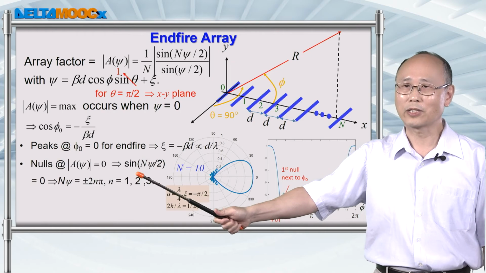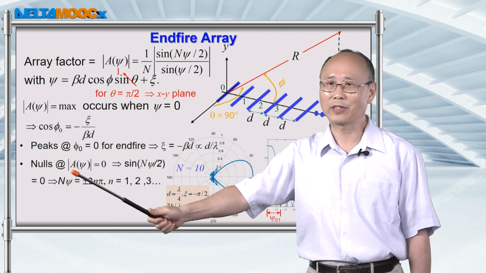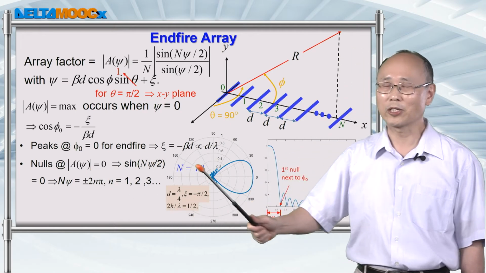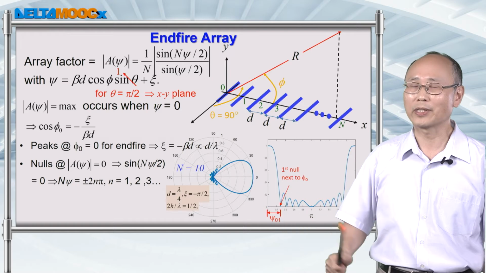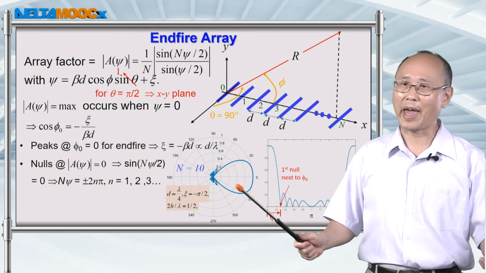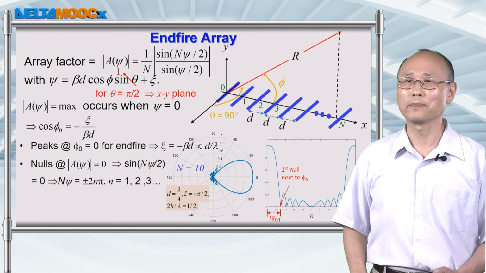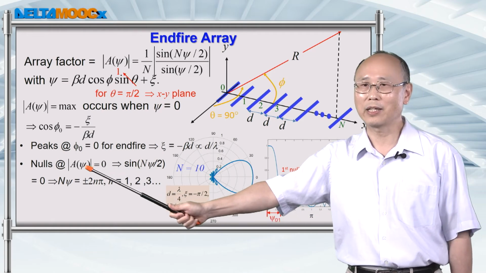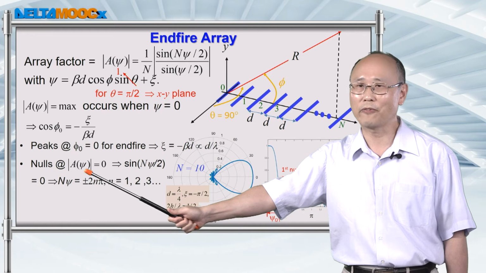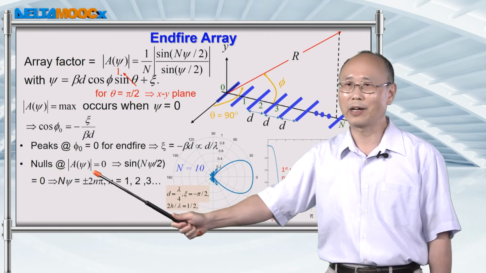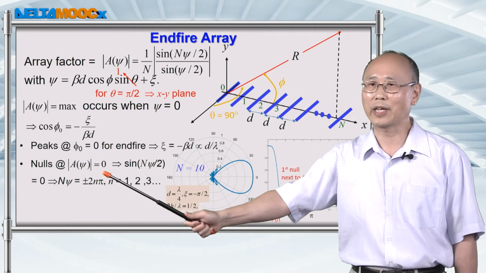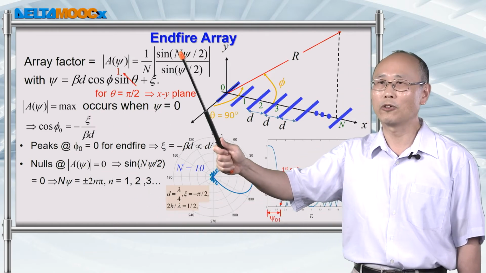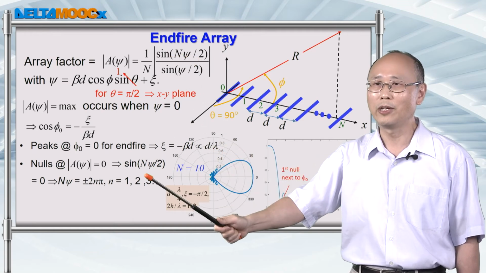So now let's look into the nulls of this array factor because we want to know the width of this antenna pattern, because this width is going to tell you within what angle the signal can be transmitted. So again, set the array factor equal to 0 so that you can find the null locations in terms of psi and then in terms of phi. If you set this array factor equal to 0, then you'll be looking into the solution for sine of n psi divided by 2 equal to 0.